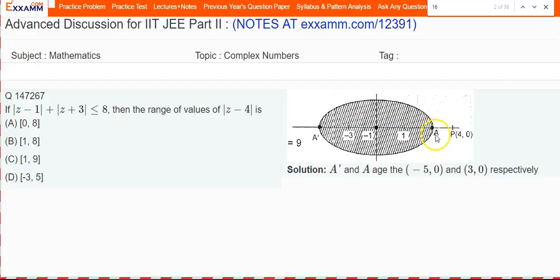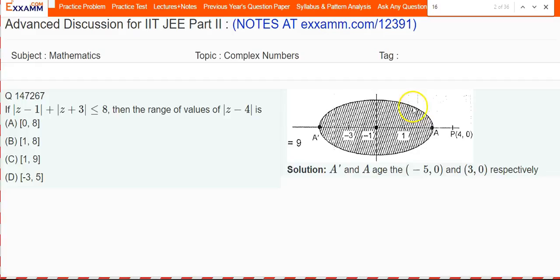So coordinates of A are 3, 0 and coordinates of A dash are minus 5, 0. Now we have been asked to find the range of values of modulus of z minus 4. So what is point 4? It is 4, 0.